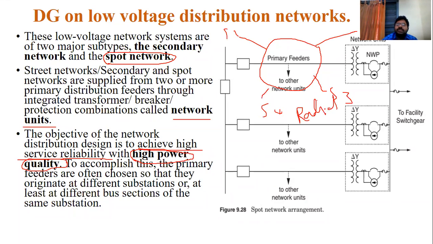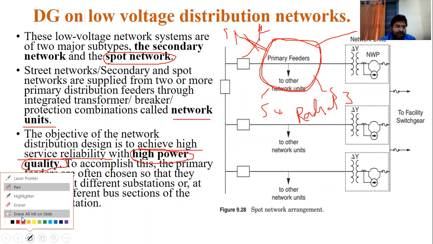A radial feeder can supply power to the consumers using different substations. Suppose this substation feeder gets some fault, the remaining three substations will supply the power. That is the advantage of the radial feeder to improve the power. A simple thing, not a very big issue.